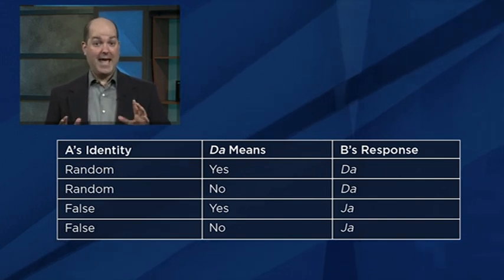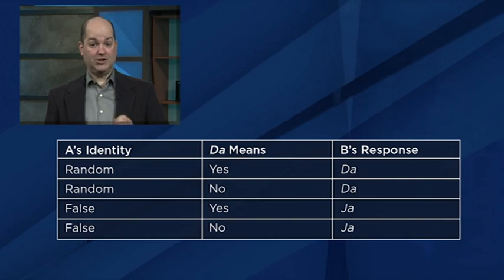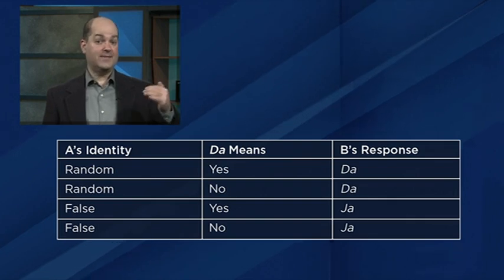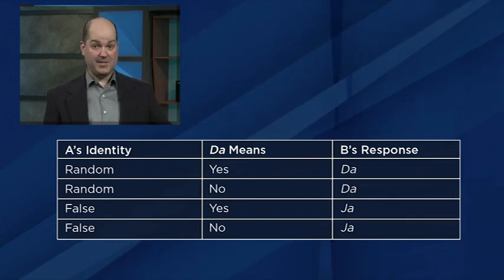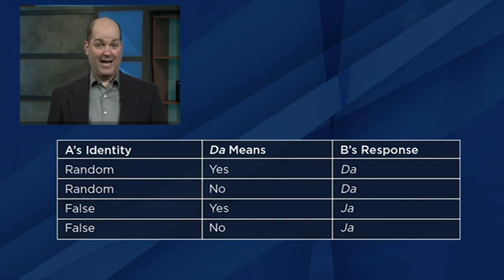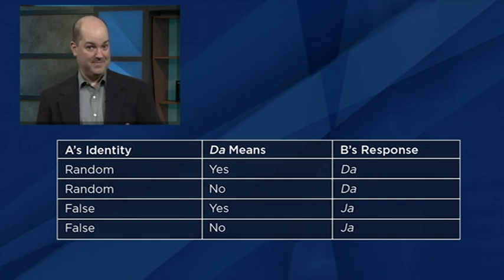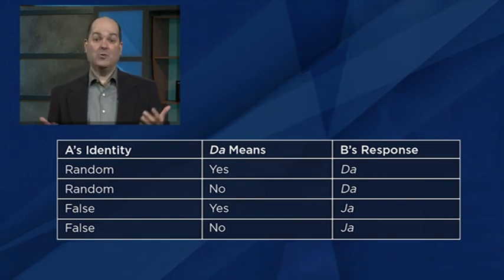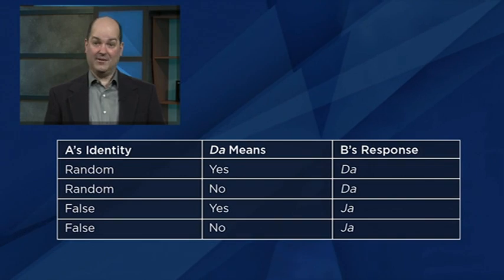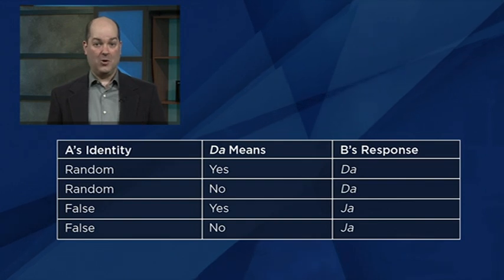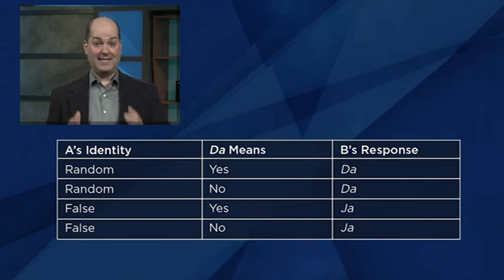That is, a case-by-case analysis shows that if B is not random, then a response of da implies that A is random, and a response of ja implies that C is random. And if B is random, then, as before, we won't go wrong assuming that either A or C is not random. And just like that, we've succeeded in our goal of finding a God who is definitely not random.